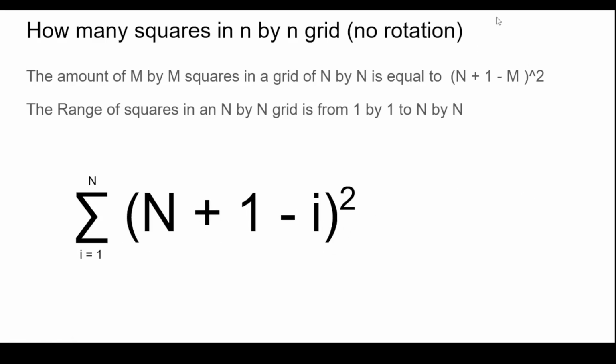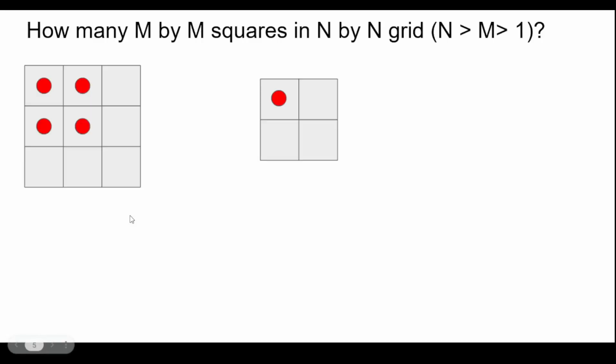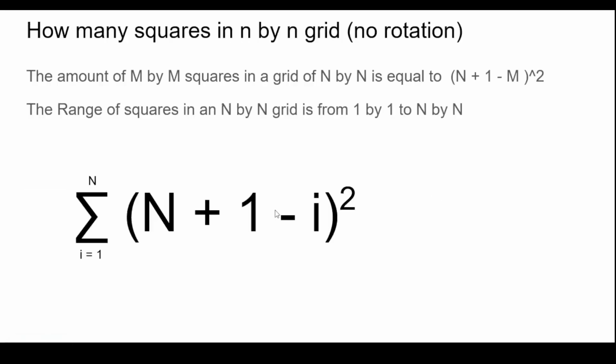We also know for m equals n, n minus n plus 1 is 1, squared, which matches the fact that there's one 1 by 1, one 2 by 2, one 3 by 3 in those grids. And for m equals 1, the plus 1 gets knocked out by the m, so it's just n squared: 1, 4, 9, one for each.